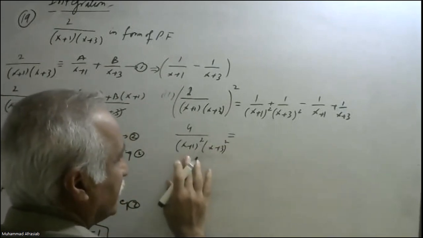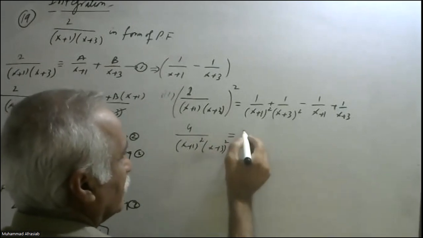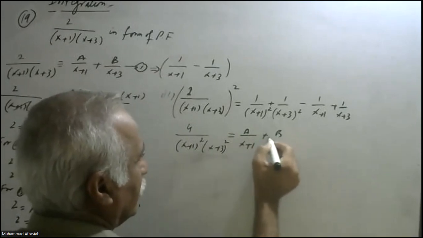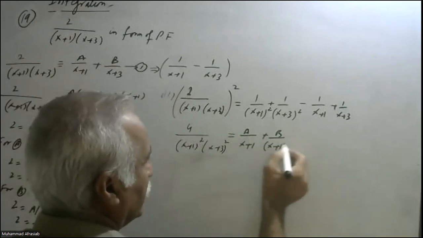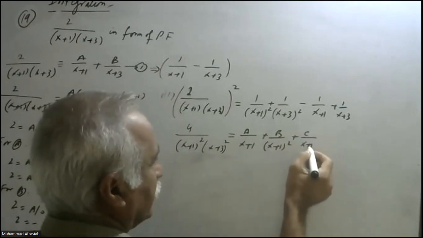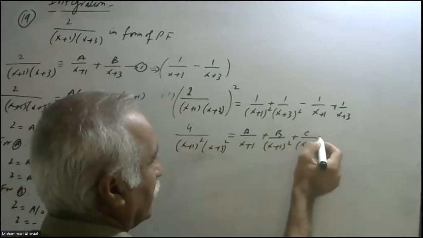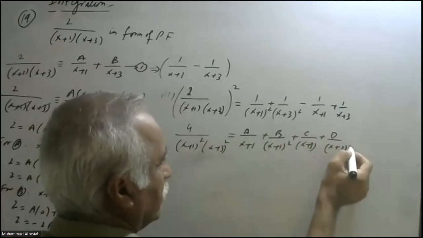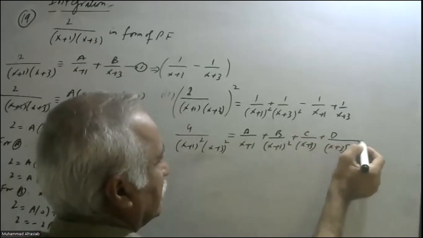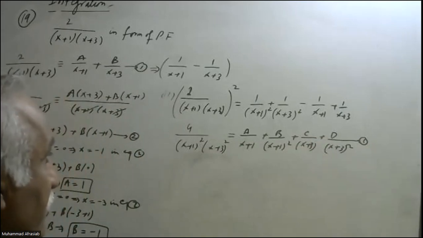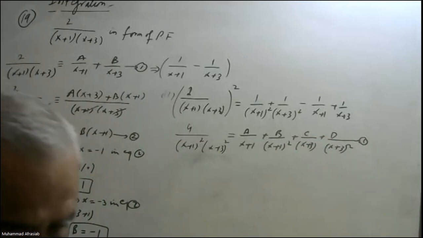Because it is repeated linear factors, this will be written as a over x plus 1, plus b over (x plus 1) square, plus c over x plus 3, plus d over (x plus 3) whole square. This is the partial fraction of this expression.